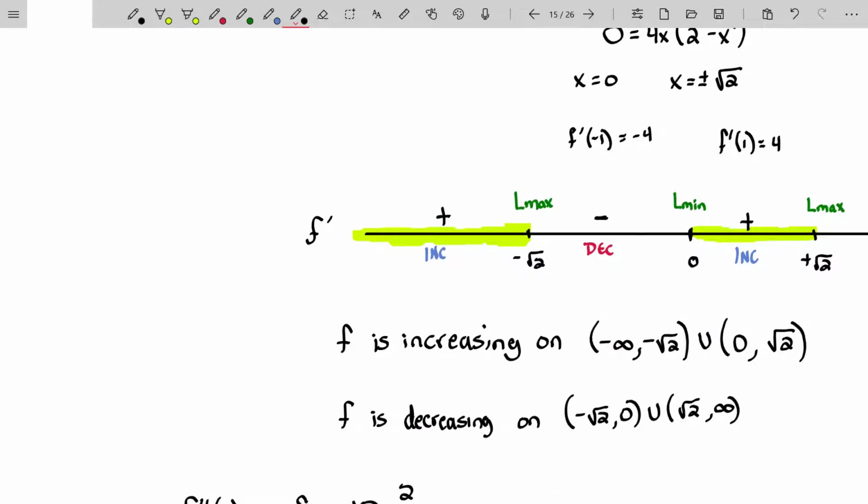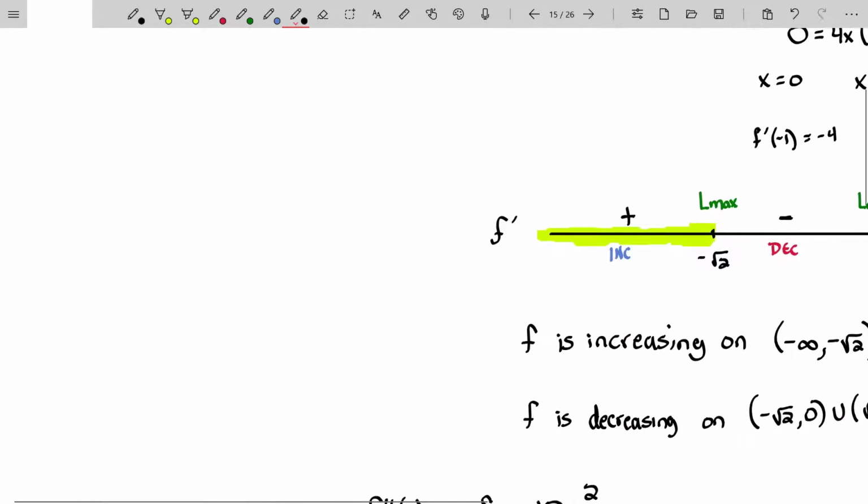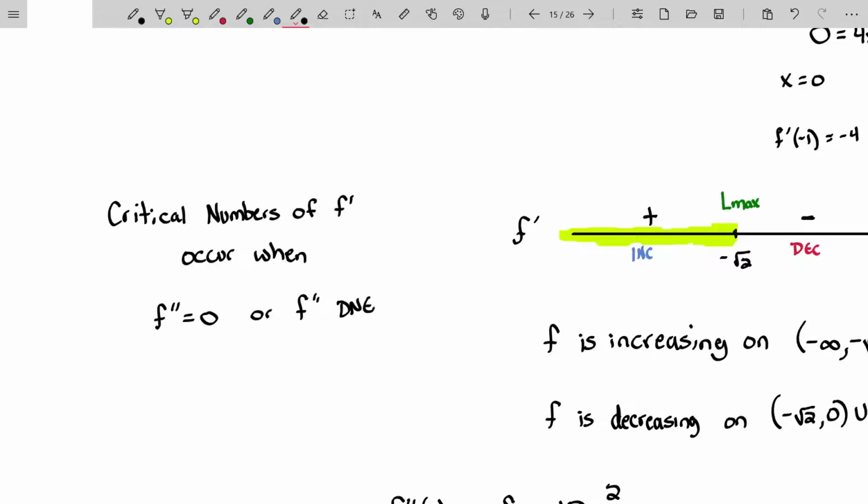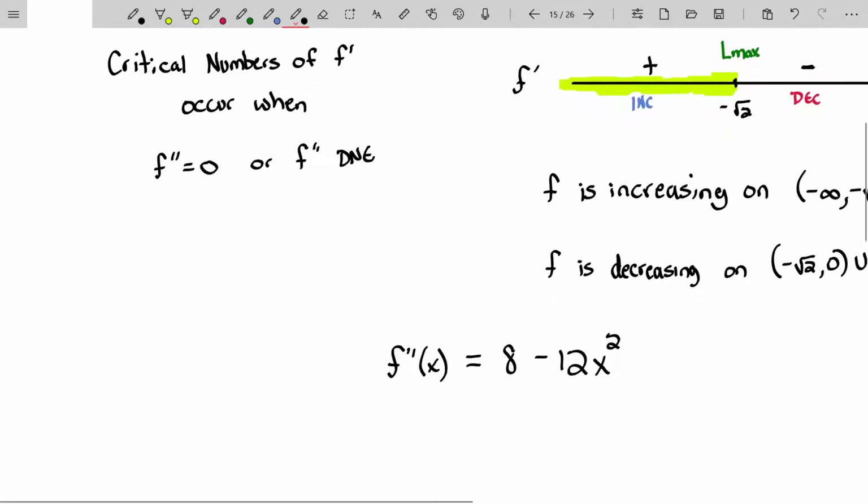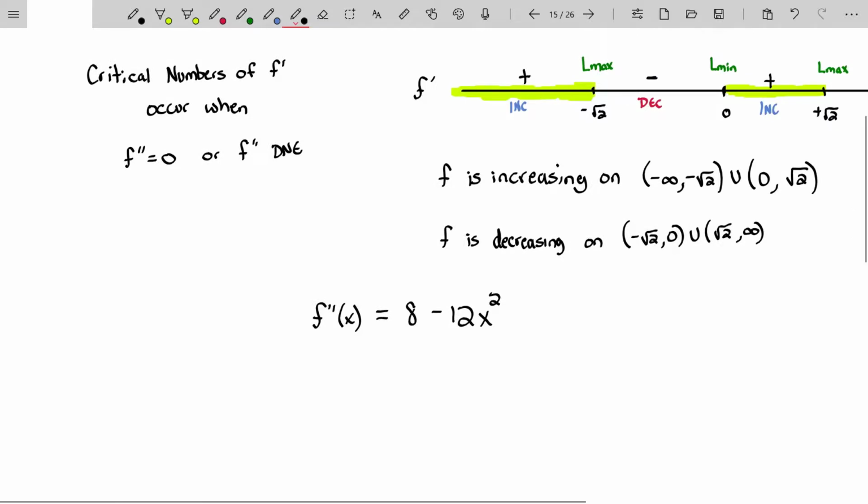Now we're not working with f, we're working with f prime. And the critical numbers of f prime occur when f double prime is 0 or f double prime does not exist. So they're the same definition. It's just now we're talking about the critical numbers of f prime, and that is just setting f double prime equal to 0 or finding out when this second derivative doesn't exist. Well, it's a polynomial, it'll always exist.